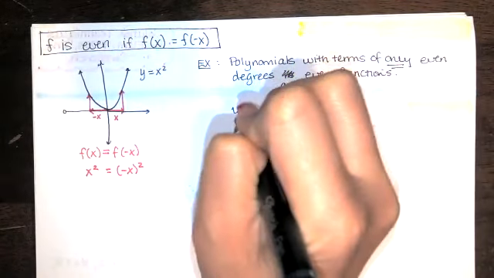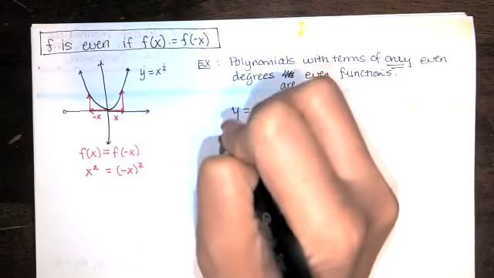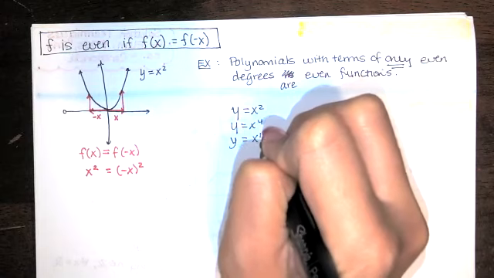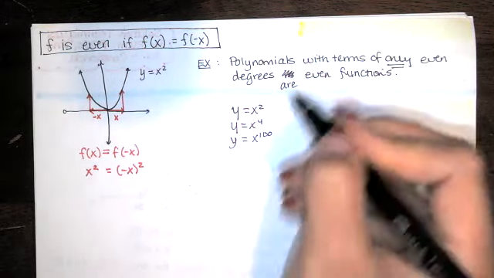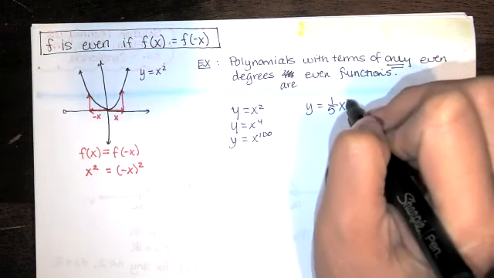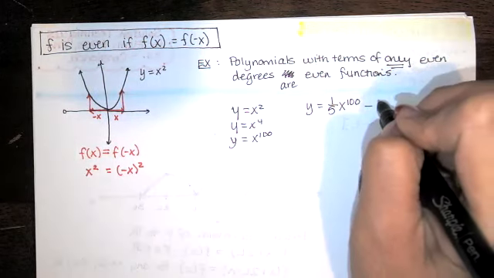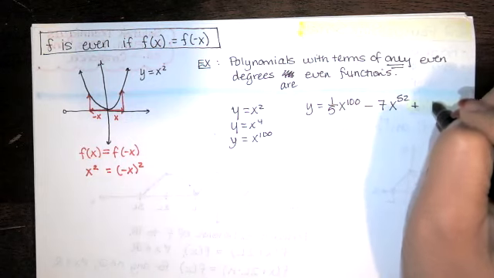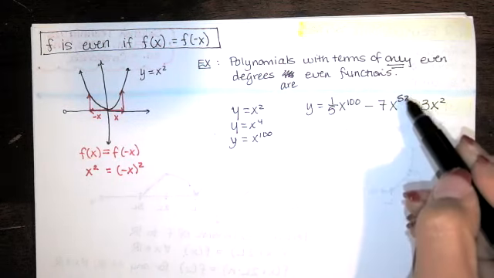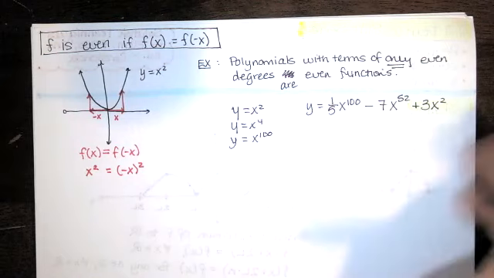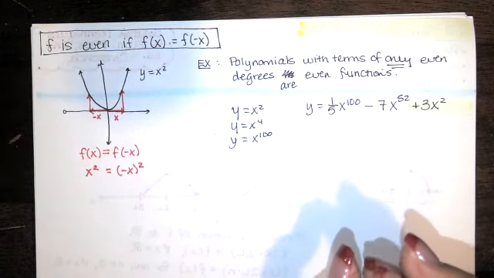So I think it's kind of obvious that y equals x squared is even. Of course, y equals x to the 4th is even. y equals x to the 100th is even. But this is also saying that if you take 1/5 of x to the 100th, then subtract 7 times x to the 52nd, and then add 3 times x squared, that term is even and that term is even and that term is even, because all of those have even exponents. This polynomial is an even function too.